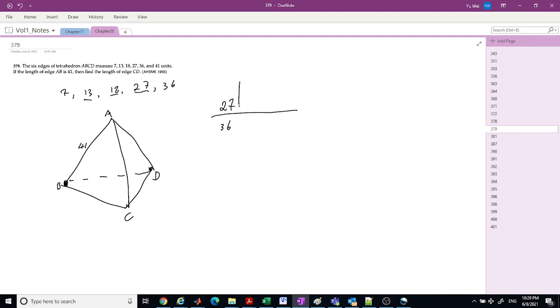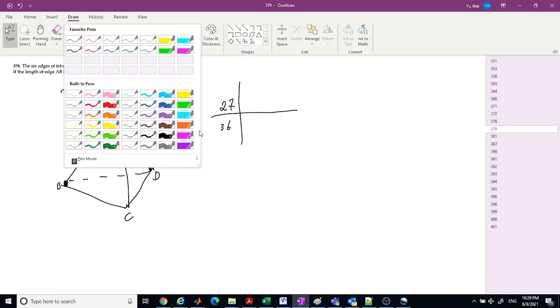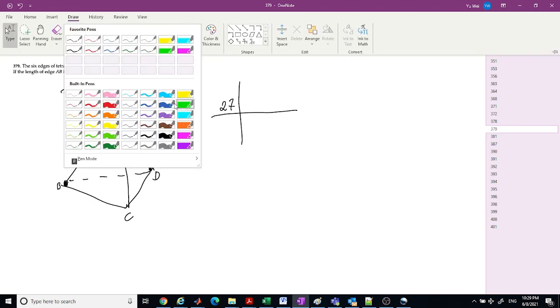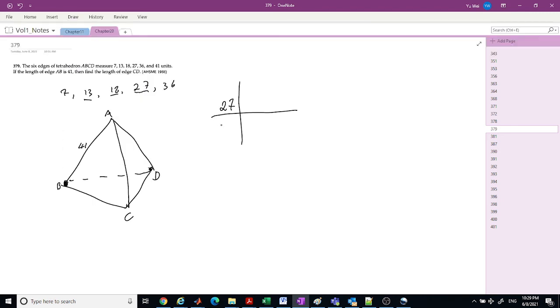So 27 must be separate from 36. Okay, so 27 can only group with 18, right? Then the 36 can be either group with the 7, right? Or the 36 can group with 13, right?